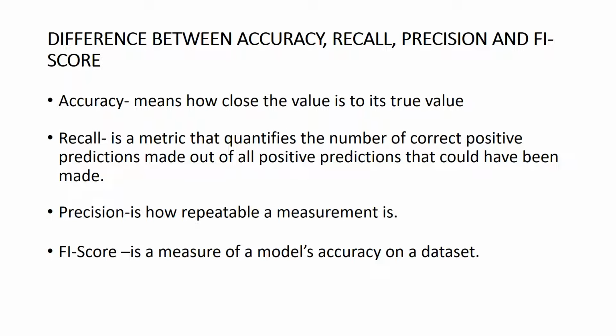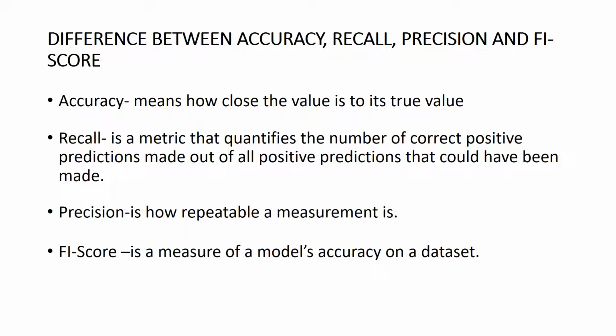So the differences between accuracy, recall, precision, and F1 score. Accuracy means how close the value is to the true value. Remember, when you are doing things, there is the value you get, but we are going to relate how close it is to the true value. Then recall is a metric that quantifies the number of correct positive predictions made out of all positive predictions that could have been made.